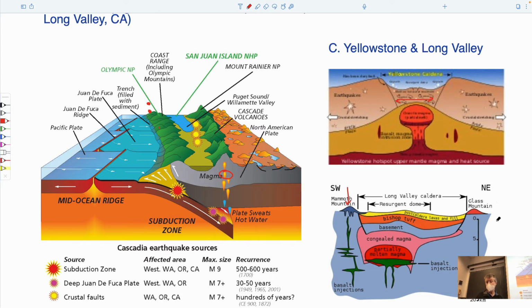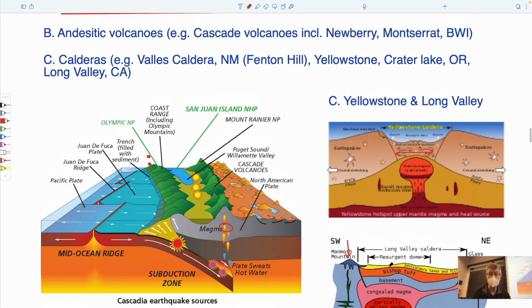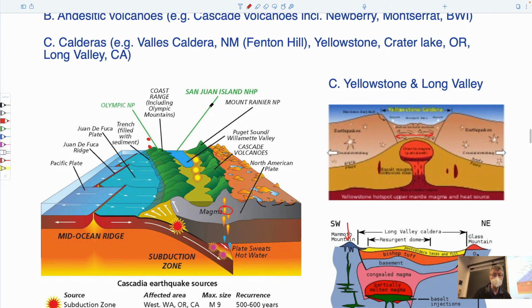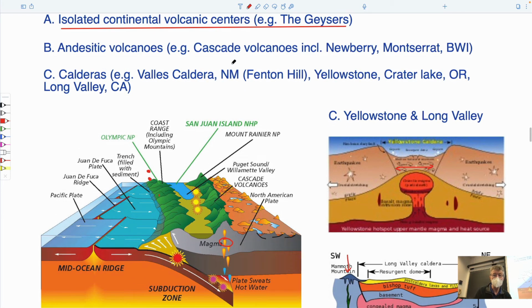This would be Death Valley over here. This would be the basin that's included in there. And there was some worry at some stage that the Long Valley caldera, which is a big blob of molten magma that exists in the east of the Sierra, was something that was going to cause a big eruption. And so these kinds of places are the ones that we'll talk about.